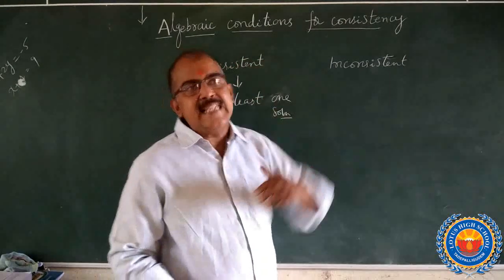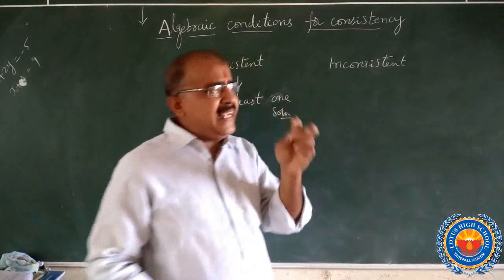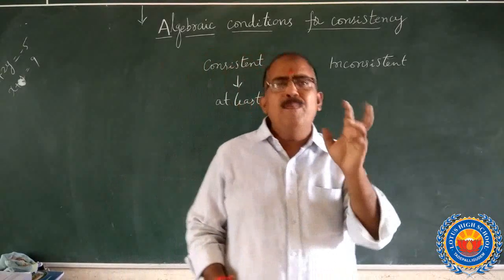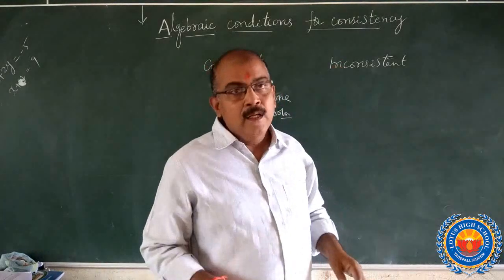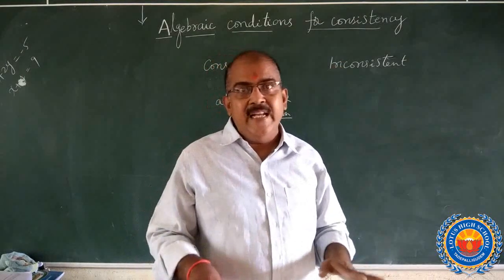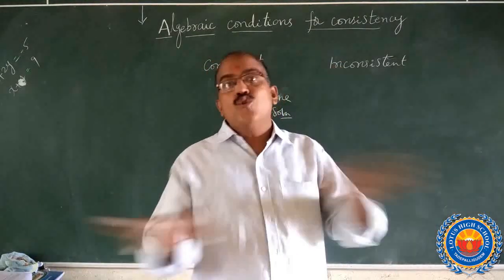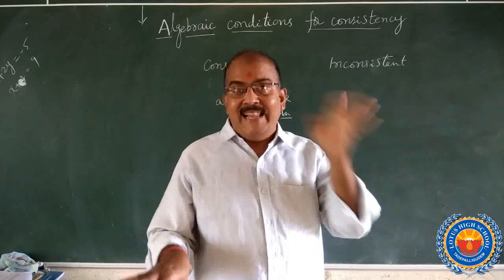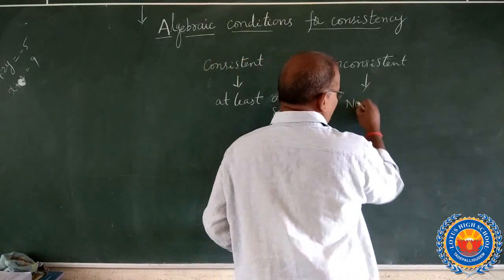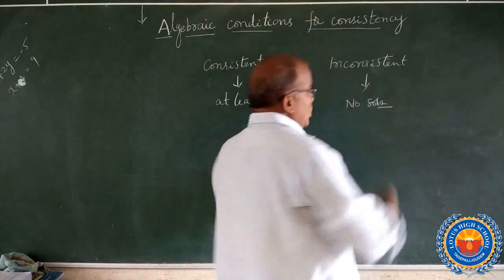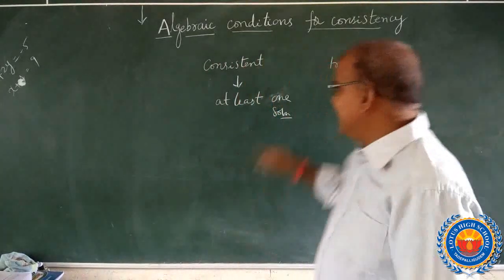What is inconsistent? You take any pair of linear equations in two variables. Those equations having no solutions, that is inconsistent. No solution, inconsistent.